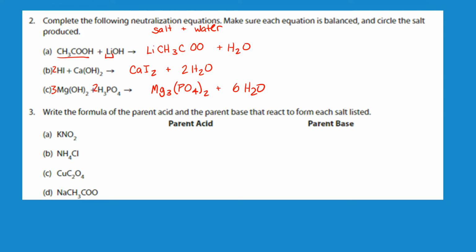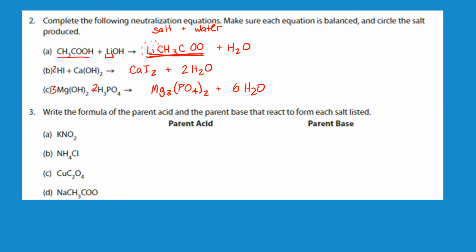Okay, the third one is a little bit trickier. We're going to have to work backwards. It says, write the formula of the parent acid and the parent base that react to form each salt listed. So you can see up here, here's the salt, and we're going to work backwards to figure out what our parent acid and parent base are. You'll notice that the first part of this salt, the cation, goes with the OH minus.